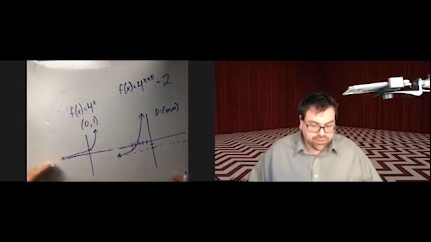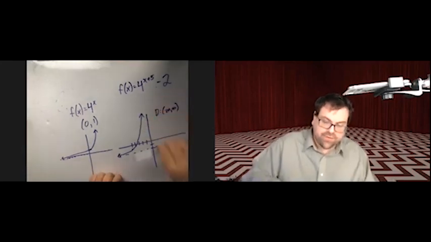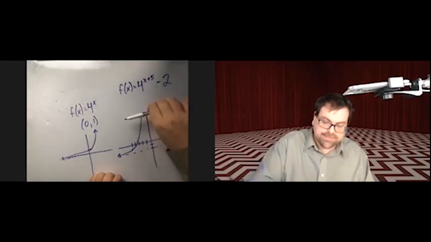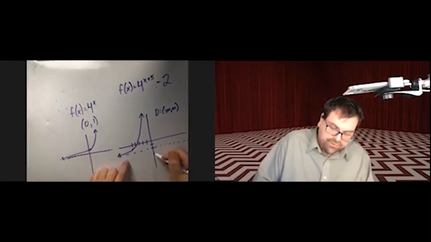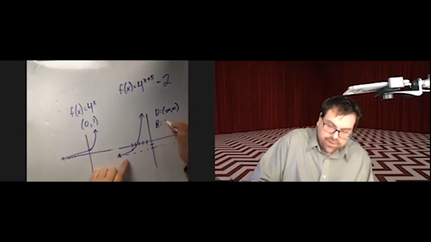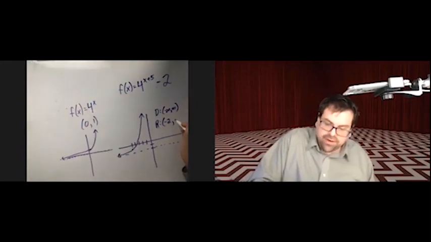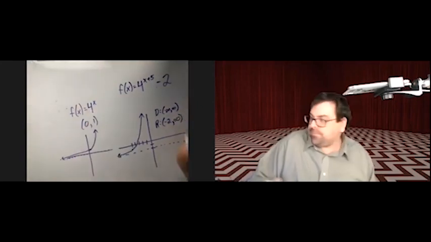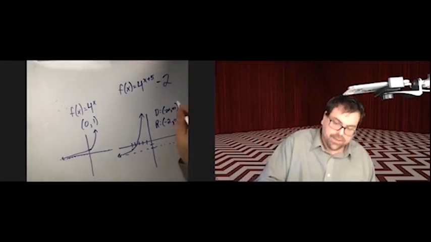But the range, going up the y-axis, this graph doesn't have any y until it gets past -2, and then it'll have a y value forever. So that would be domain and range.